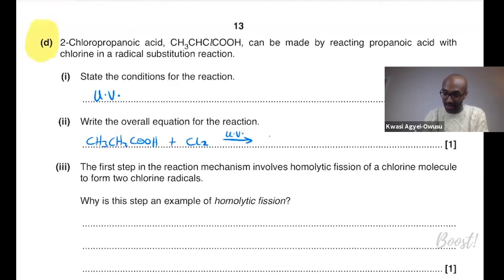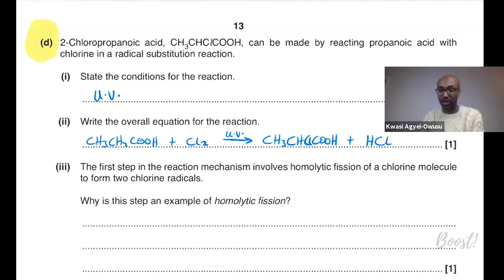And in this reaction, you end up forming our 2-chloropropanoic acid. So we've got CH3CHCl and C double bond OH as our product. And then you're going to form HCl as your inorganic product.